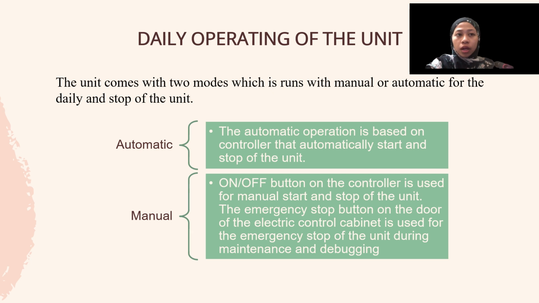For automatic, the operation is based on a controller that automatically starts and stops the unit. For manual, we have an on/off button on the controller used for manual start and stop of the unit. The emergency stop button on the door of the electric control cabinet is used for the emergency stop of the unit during maintenance and also debugging.